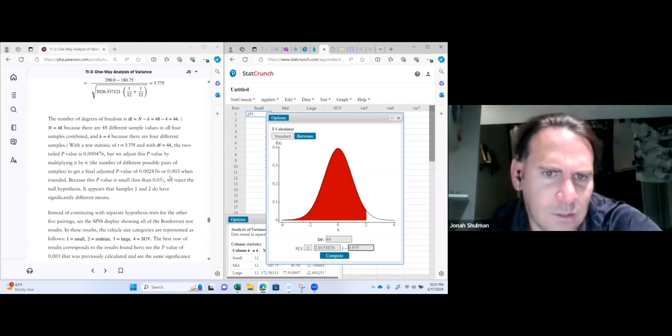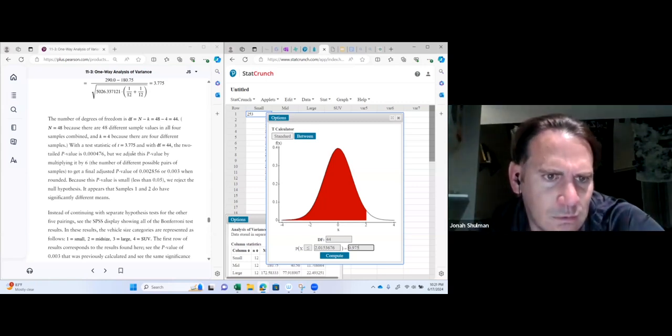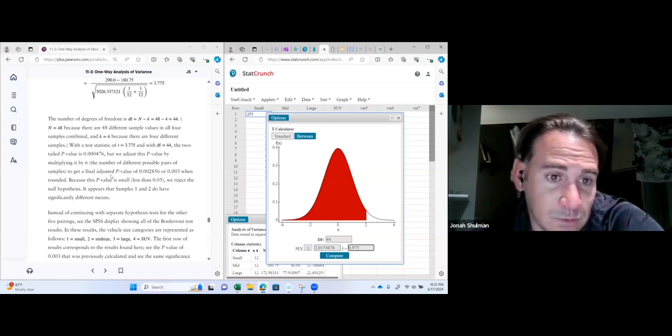I'm not getting the right value. The test statistic with the degrees of freedom of this and the two-tailed p-value is this. We adjust the p-value by multiplying by 6, the number of different possible pairs of samples.